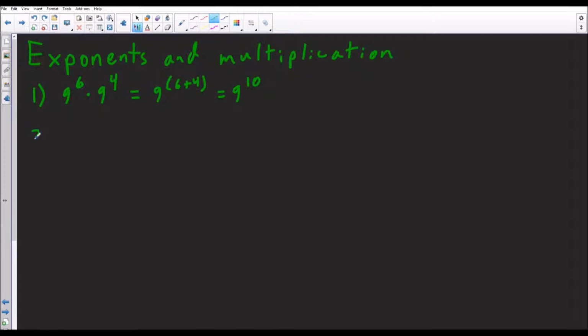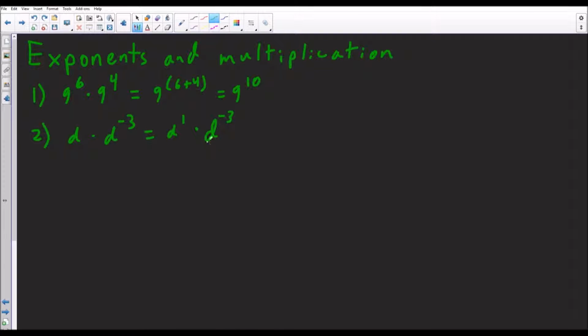The second example is d times d to the negative 3. So if you're trying to simplify this, you can kind of look at it as d to the 1 times d to the negative 3, because d to the 1 is just d.